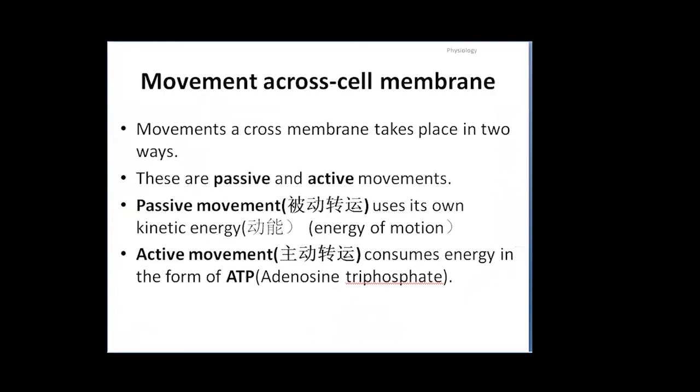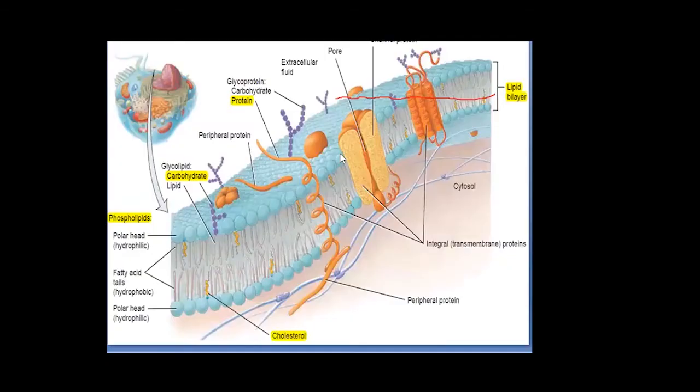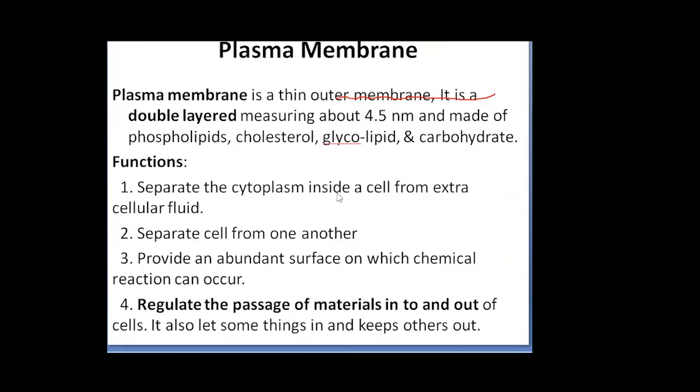So now we're still in the cell membrane part. We say cell membranes have a special function: they allow some things to go in and some things to go out, passing through the cell's membrane.